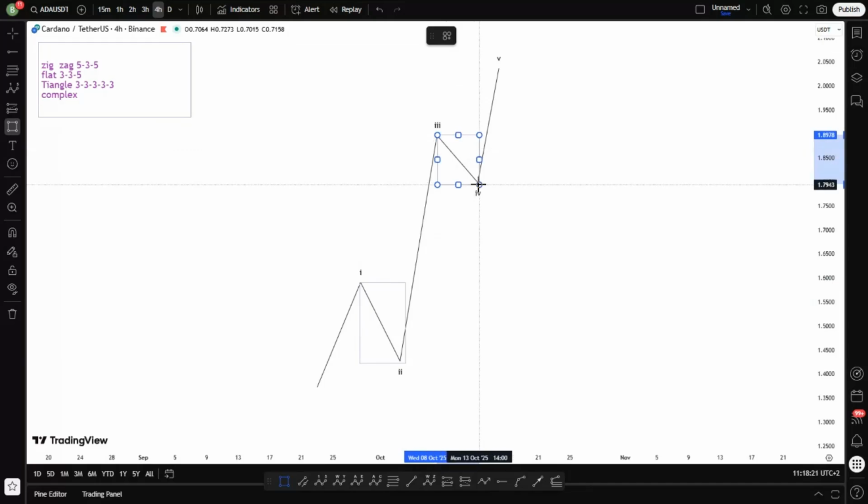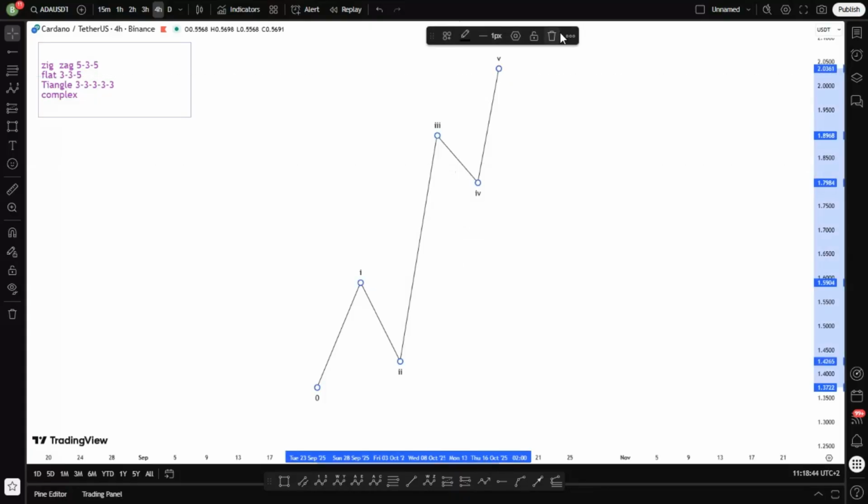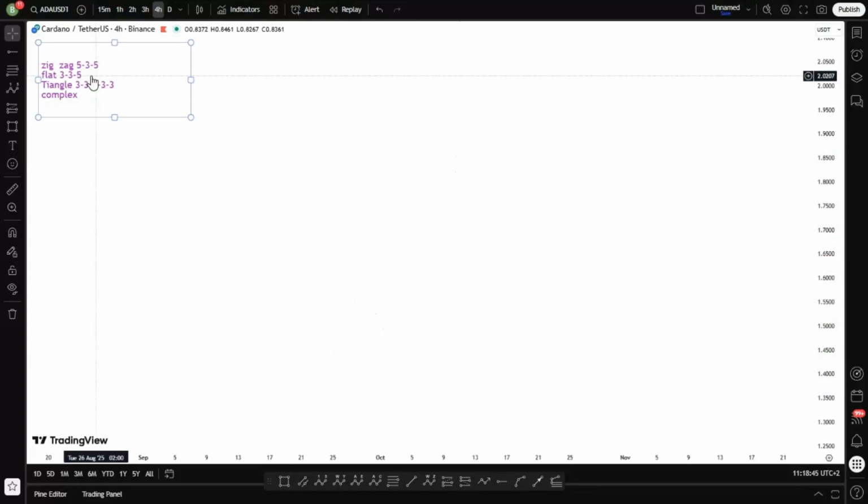So we'll be focusing on the types of patterns that form within wave 2 and wave 4 in the form of corrections, and thereafter I think I'll do another video analyzing them further. But for now, I just want to give the basics about the types of correction waves that can be found within an Elliott wave pattern.